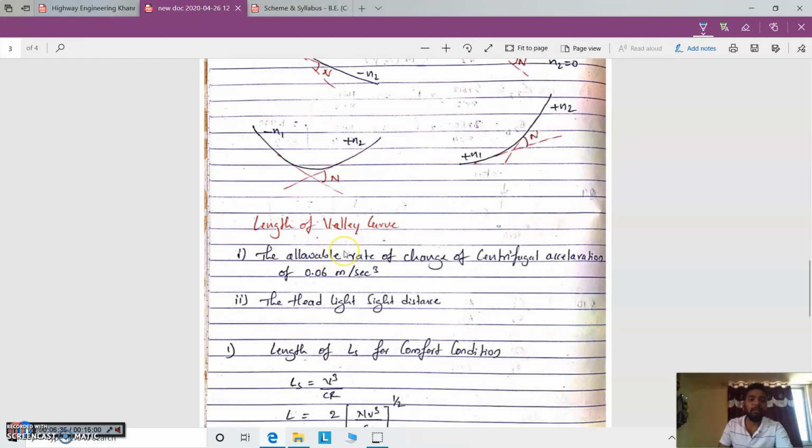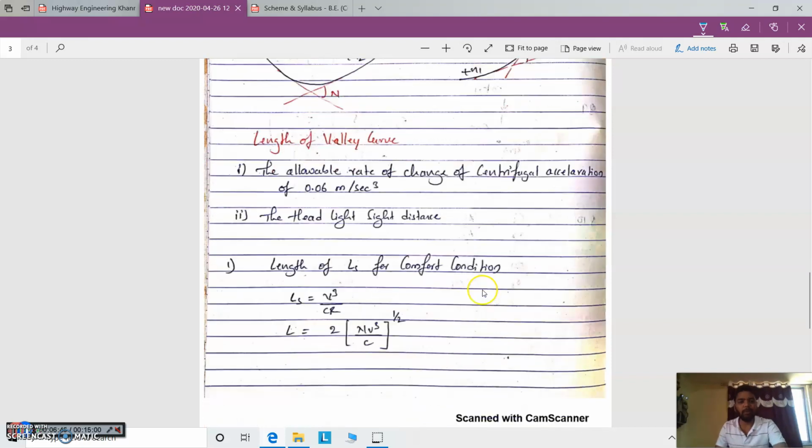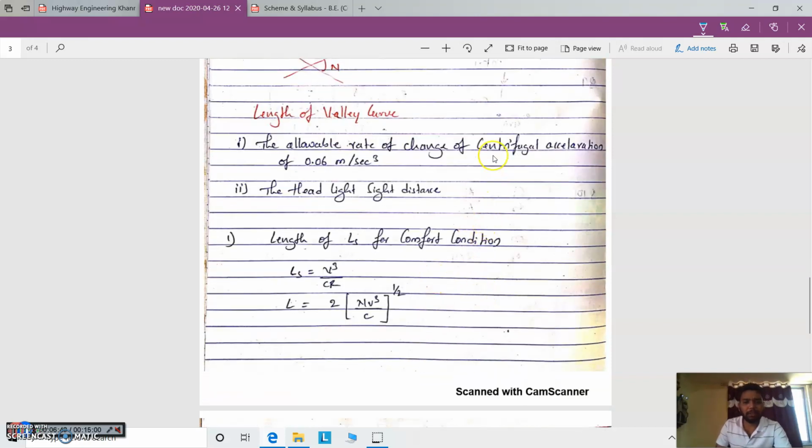The length of the valley curve is calculated by two cases, that is, the rate of change of centrifugal acceleration and the headlight sight distance. Whenever you consider centrifugal acceleration, the recommended value is 0.06 meter per second cube.